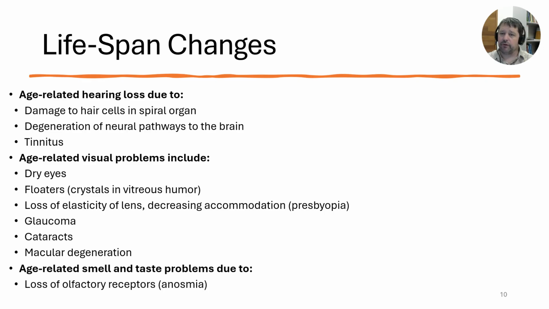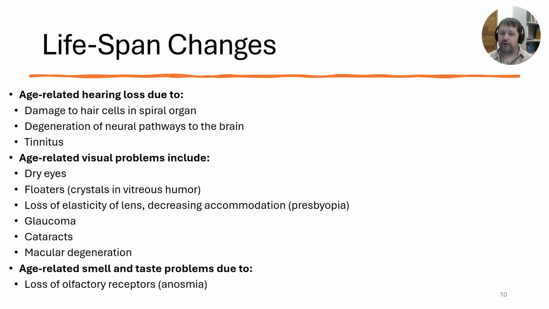And then age-related things that have to do with smell and taste, that other sensory. Okay, you can just have olfactory receptors that are lost over time. Okay? They're overstimulated, or they've been damaged from different things. We kind of talked about this a long time ago.